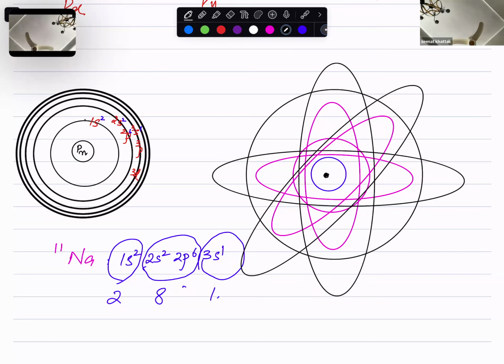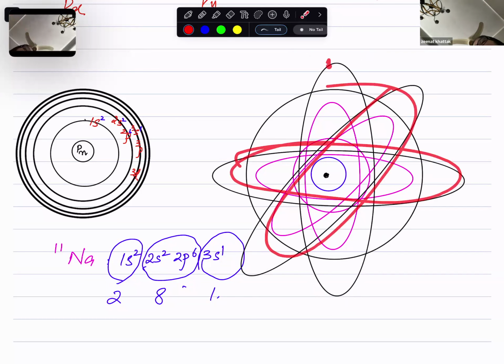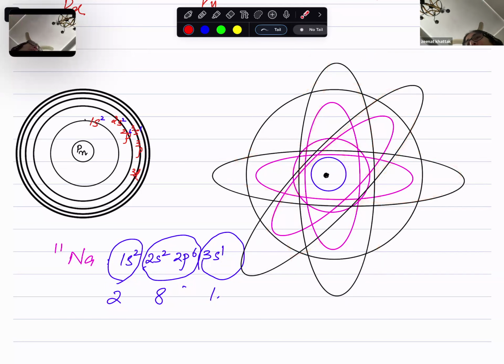Do you get it? So the electrons are revolving, spinning like this and this and this. They're trying to be as far apart as possible.